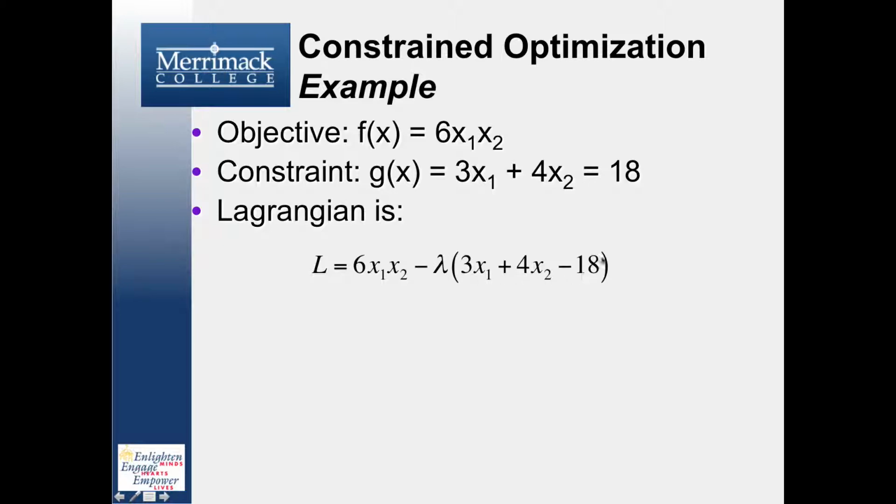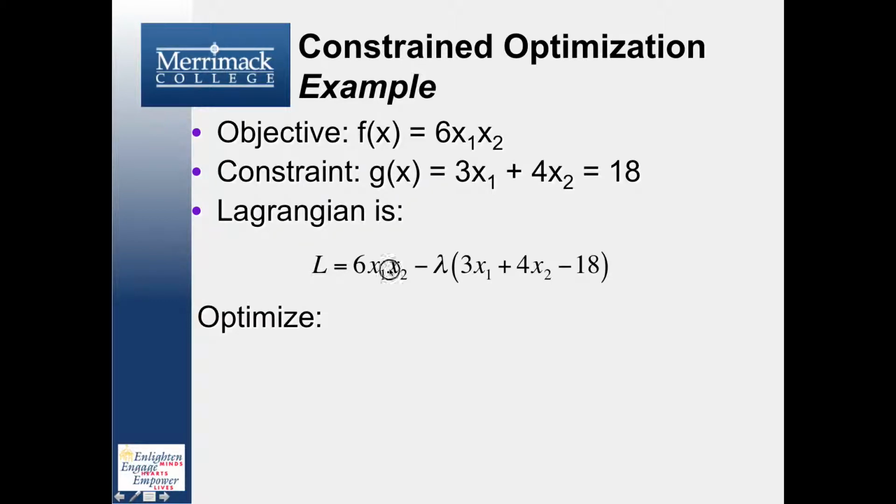Lambda times this difference, right, just comes from that constraint rewritten. And the deal here is that if I take the partial derivative with respect to all of the unknowns, I can then solve the simultaneous equations.